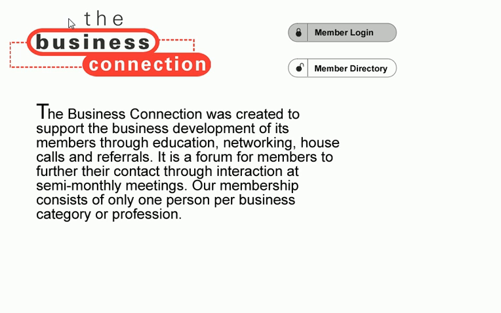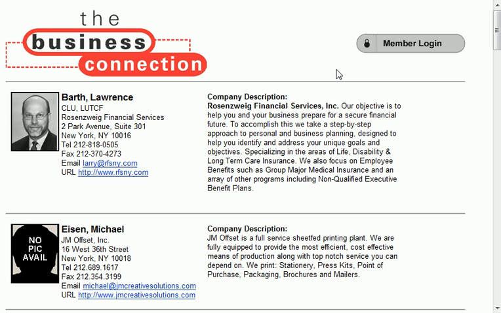So the main part of the site, which you as a member and your associates and other people that you know who want to check out the Business Connection, whether to join it or to see who is a member, can go to this bottom link here, which shows an unlocked padlock called Member Directory. And when you click on that, you'll see a list.